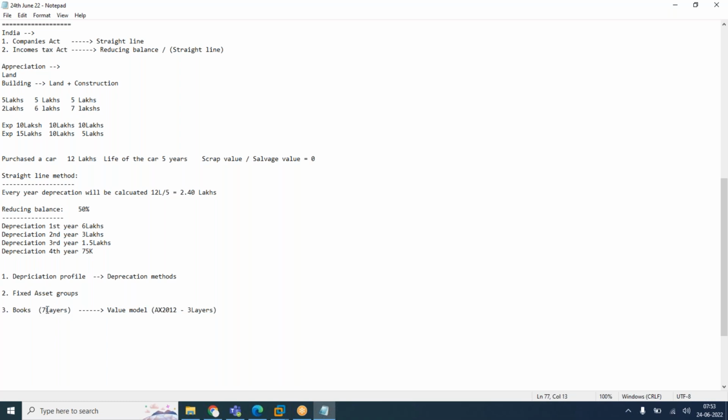In total, 3 plus 7, 10 layers. The old 3 layers are still available, along with 7 more layers introduced in D365. In 2012 we have the current layer, tax layer and operations layer. In D365 those 3 are available, along with layer 1, layer 2, layer 3, layer 4, layer 5, layer 6, layer 7.